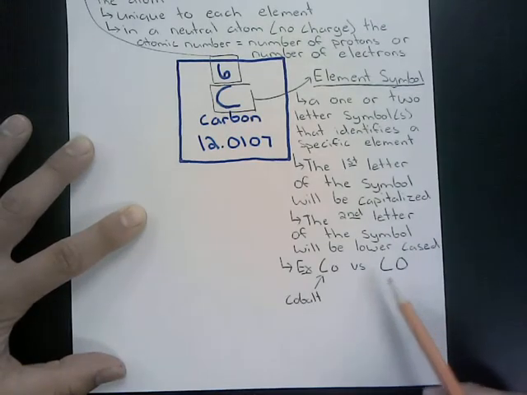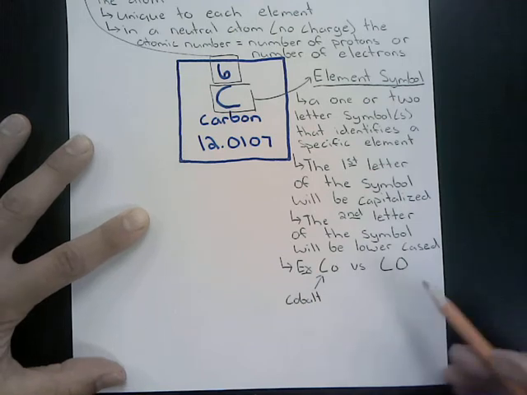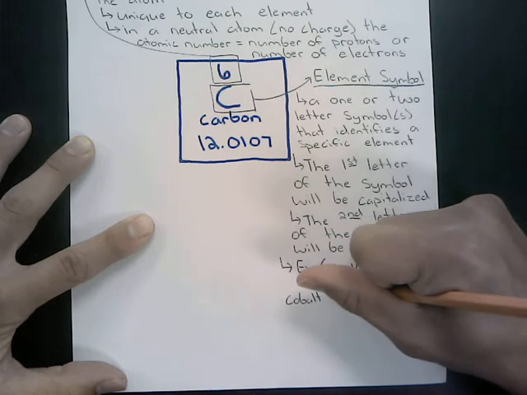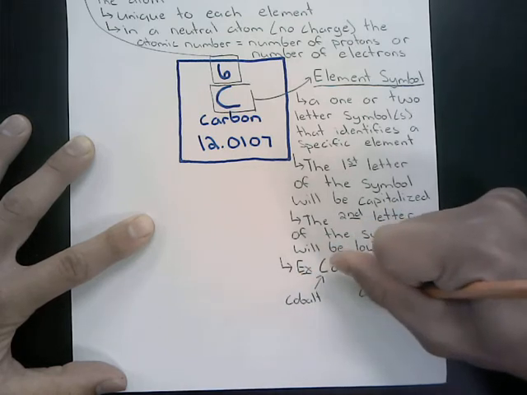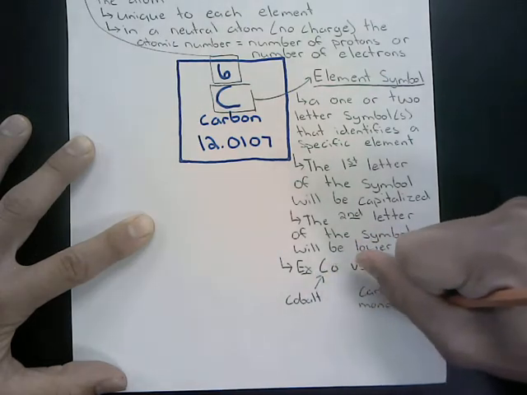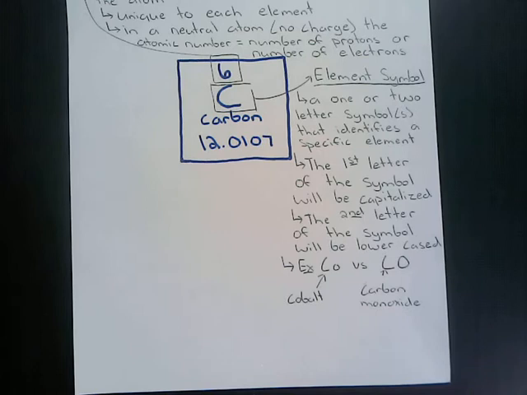And C, capital O, both capitalized here, is carbon monoxide. So just by capitalizing or not capitalizing a letter determines if we are looking at an element or a compound. We have to be really careful when we write our element symbols and our formulas in chemistry class.